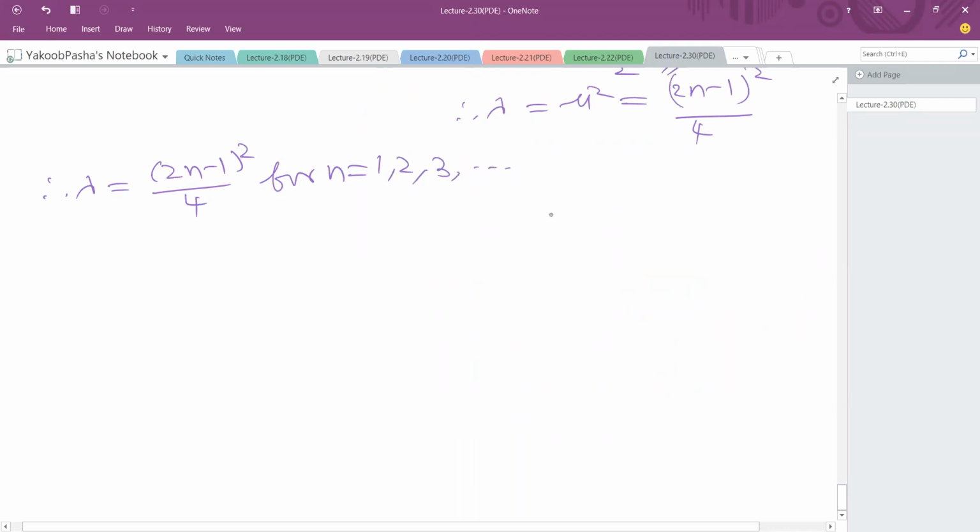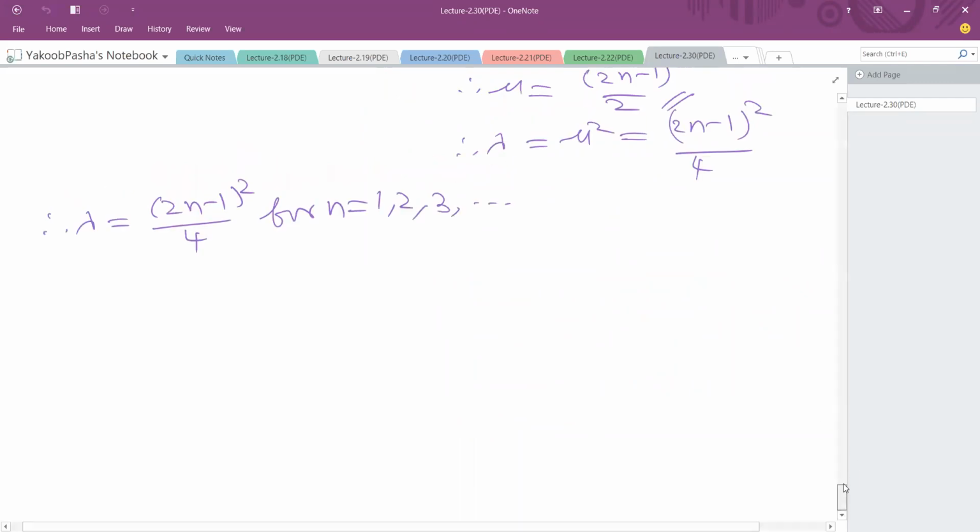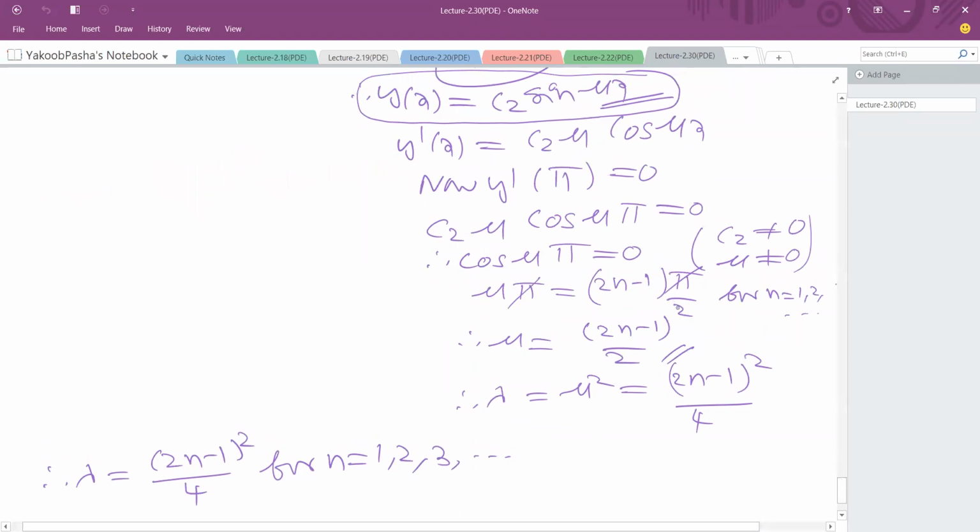Okay, these are the lambda values. Mu square, not mu 4, so 2n minus 1 whole square by 4.